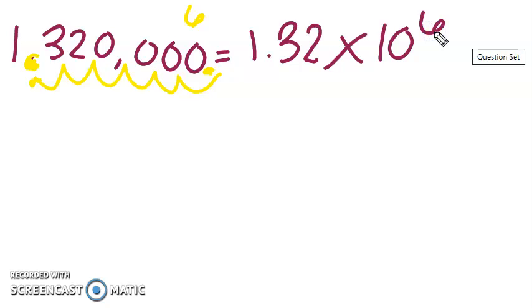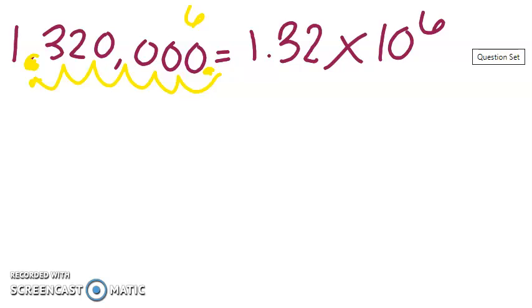Okay. Now, one thing that often messes students up is this exponent. Now, we understand where we get this number from, but the question is, is this exponent going to be negative or positive?